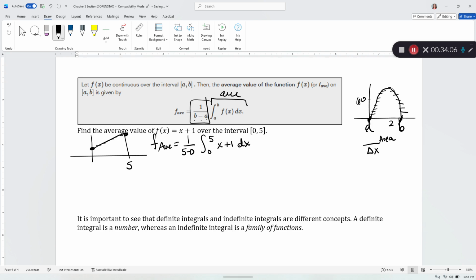Okay, now what is this? Well, we know it's area under the curve, and this is a trapezoid, right? Do you remember the formula for the area of a trapezoid? One half.